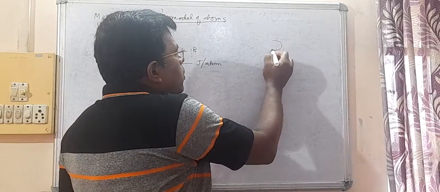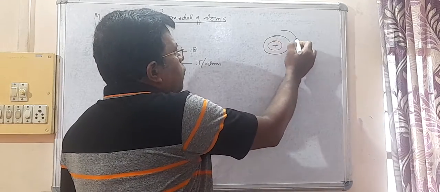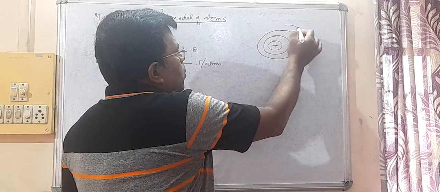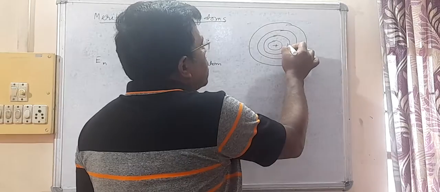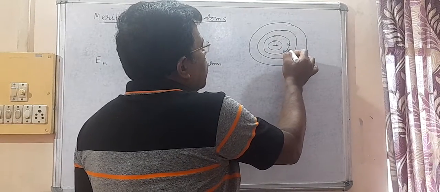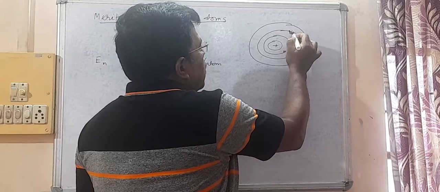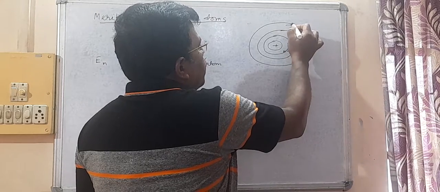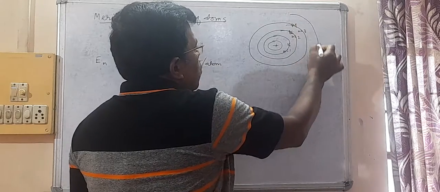In Bohr's model of atom, there is a nucleus, the center, and we have different orbits. This orbit is, say, K, where n equal to 1. This orbit is L, where n equal to 2. This orbit is M, where n equal to 3, and so on.